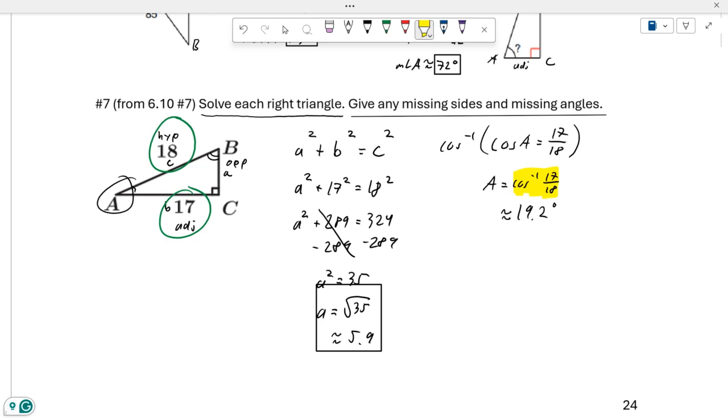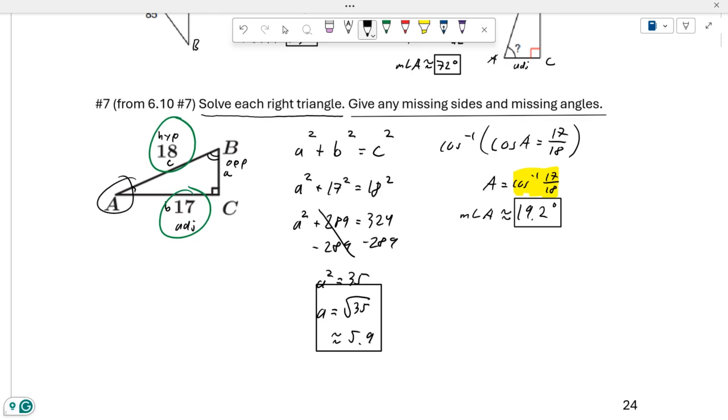There's no other way to write it as an exact answer other than to keep the trig inverse function in there. So you kind of have to round this one, because otherwise you're left with an answer that's technically correct but isn't super useful. So the 19.2 is how we should express our answer here. We have to round this one because it's not a nice round number. So the measure of angle A is approximately 19.2.